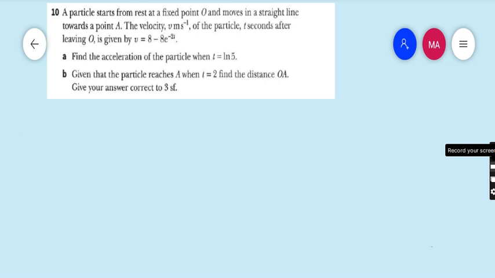Part A. Find the value of t when the particle first comes to instantaneous rest at the point P. So you know instantaneously at rest means the value of v should be 0. So 0 is equals to 2 cos(t/2) minus 1. Minus 1 shifted over to the left hand side, 1 is equals to 2 cos(t/2). 2 must be divided, so it is 1 upon 2, equals cos(t/2).